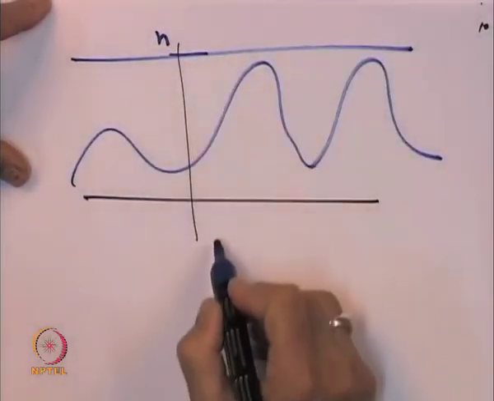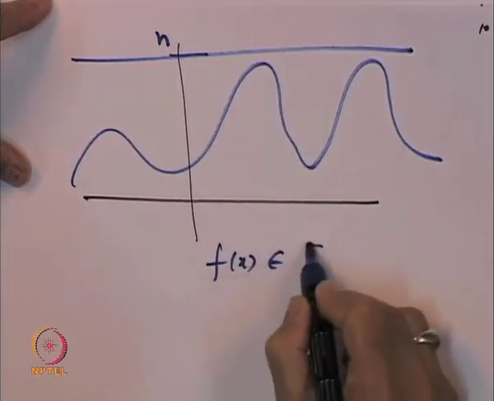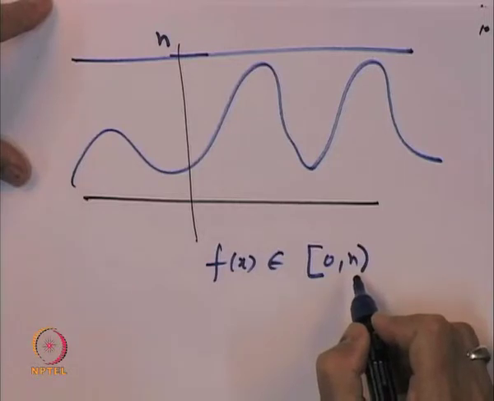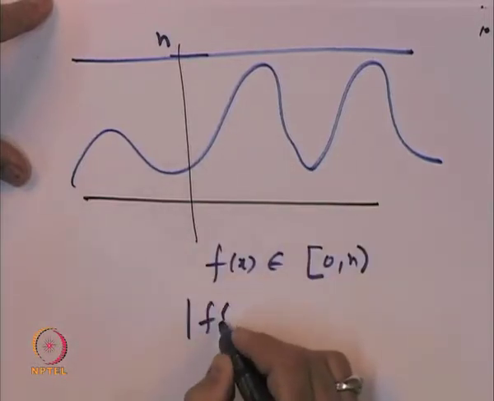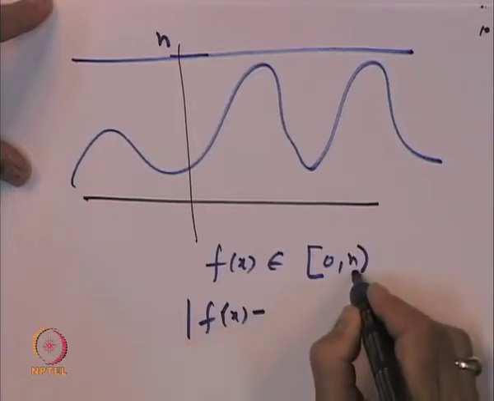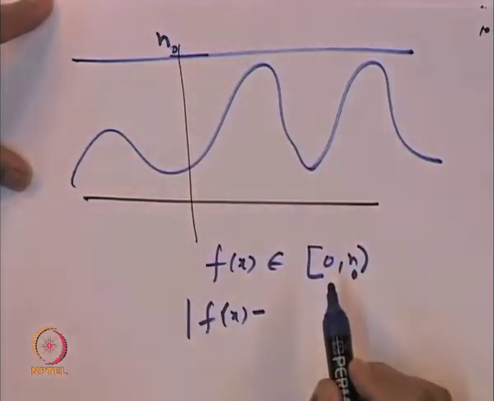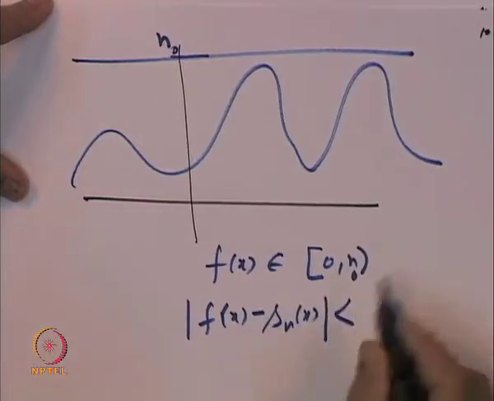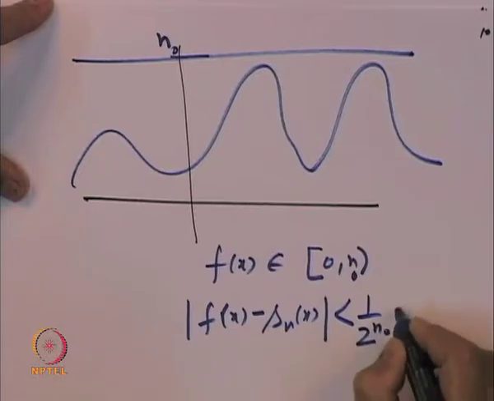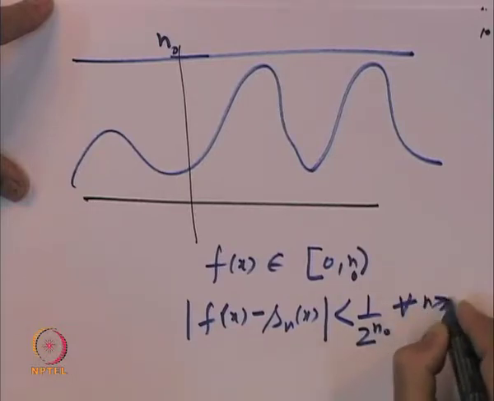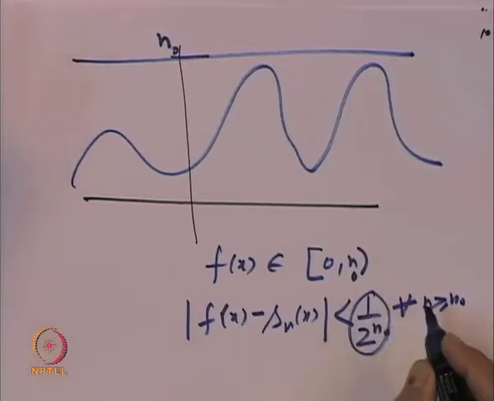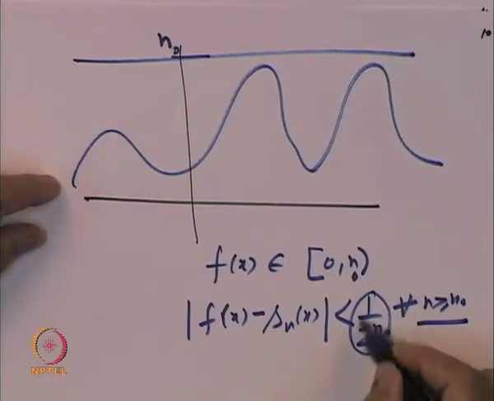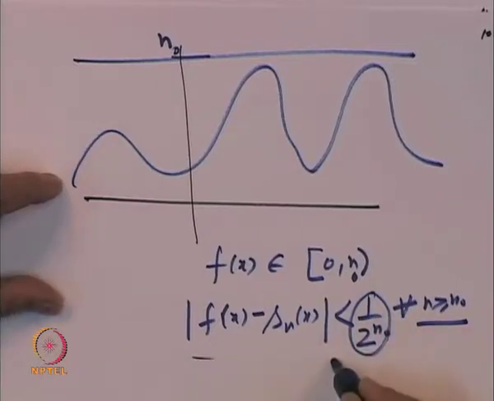So, once n is fixed, that means f of x always belongs to 0 to n for some n, let us say n naught. So, n naught is the bound for the function. Then f of x minus S n of x is going to be less than 1 over 2 to the power n for every n bigger than n naught. So, this works for all x. Given epsilon bigger than 0, I can select n naught such that this is true.